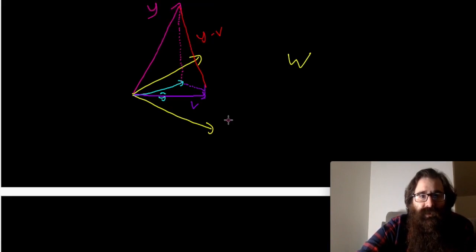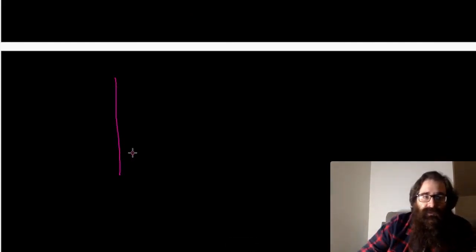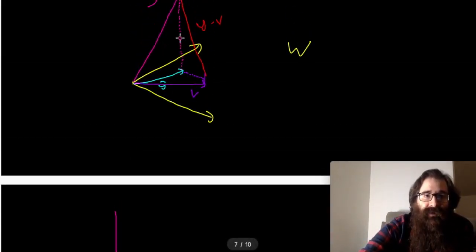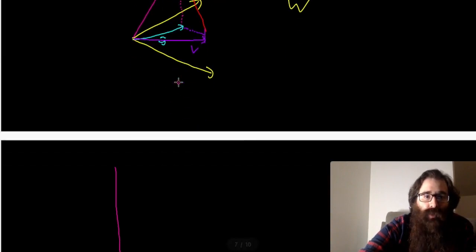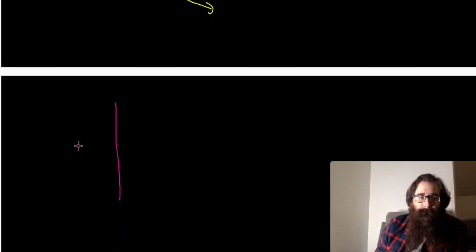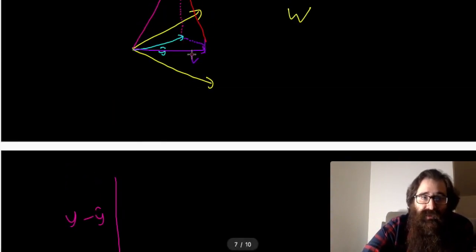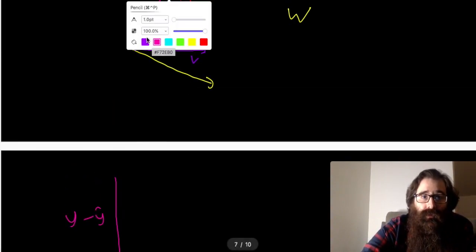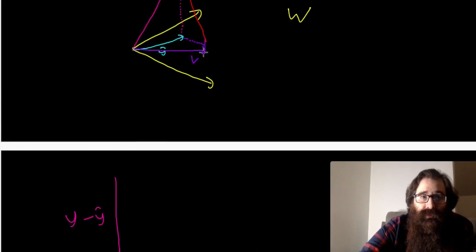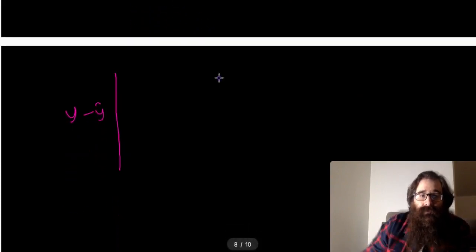I'll do the same color coding and try to flatten it out. This, in the pink, was a dotted line. This is y minus y hat. And then this is the dotted line in purple, and that's going to be y hat minus v.